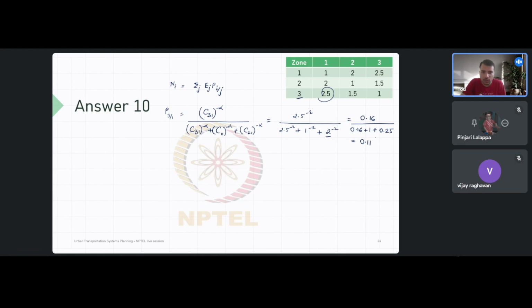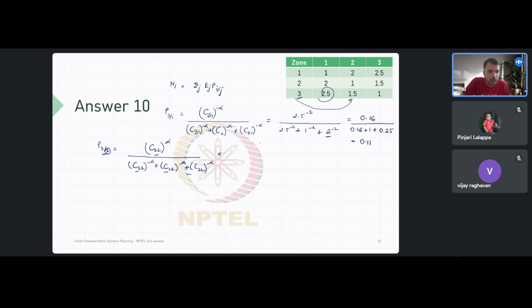Let's do it for the next one, P32. Here we have to see from zone 3 to zone 2. So we'll take C32 minus alpha in the numerator, and the sum of all three will come in the denominator: C32 minus alpha, C12 minus alpha, and C22 minus alpha. Wherever we want to go from each zone, we'll take 3, 1, 2 and take the sum.